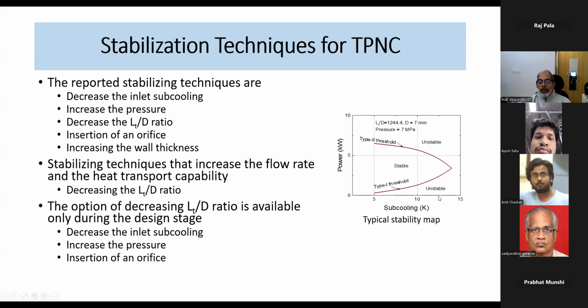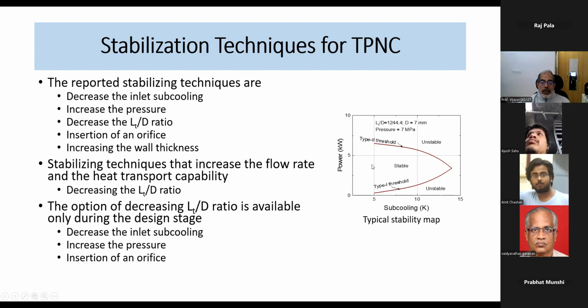And you find as inlet subcooling becomes very large, say in this case maybe something around 13 or 14, then we find everything is unstable. However, if you decrease the inlet subcooling, then you find that the stable zone is increasing. And another thing is, if you increase the pressure, again you'll find it's stabilizing.